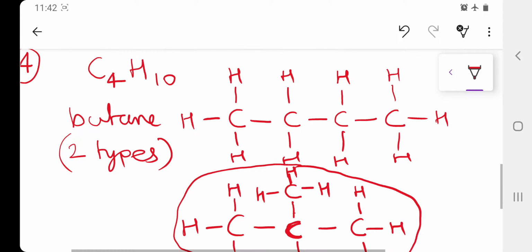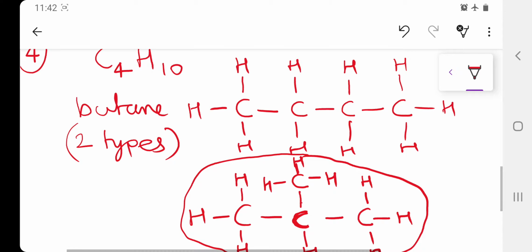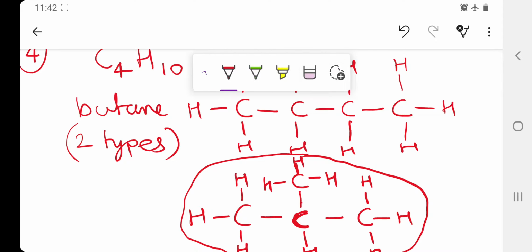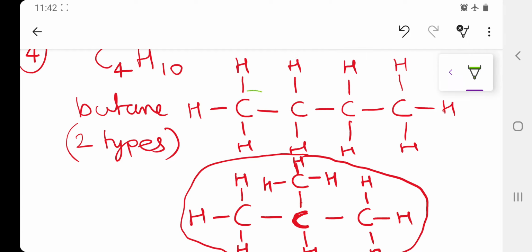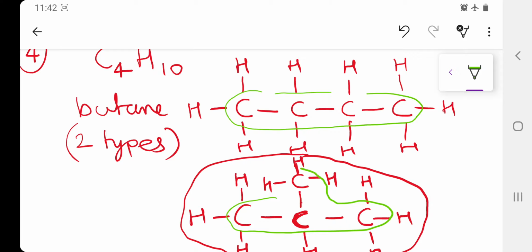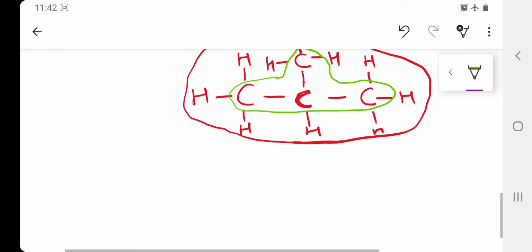Now you have to understand that these are two representations of butane. That means butane can exist in two ways. One way is this straight chain, what I am showing, and another one is this branch chain. Branch chain is like this. So butane can be represented as straight chain and as branch chain.